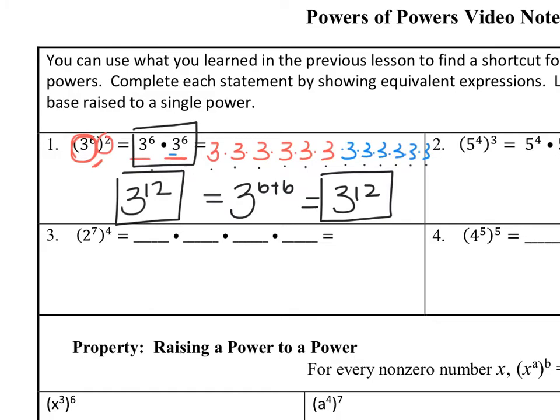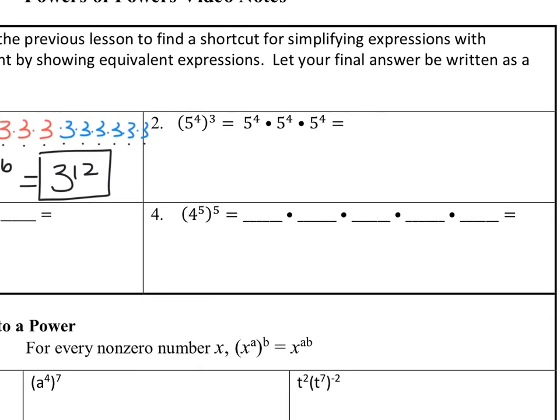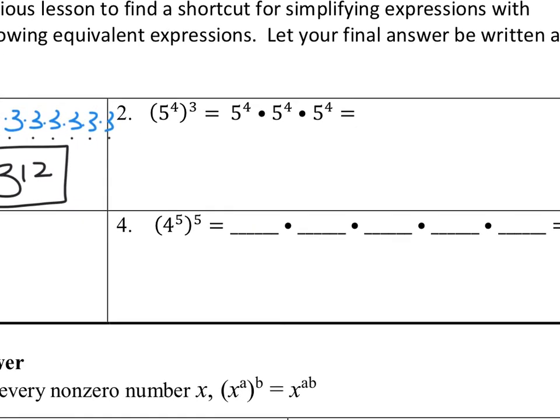Let's take a look at example number 2. Example number 2, we have 5 to the 4th to the power of 3. So that means we need 5 to the 4th 1, 2, 3 times. Now I'm not going to write it out the long way like I did over here because it's too long. We know from our multiplication of exponents that we keep the base, and in this case our base is 5, and we add the exponents.